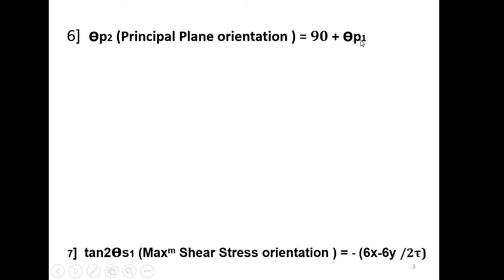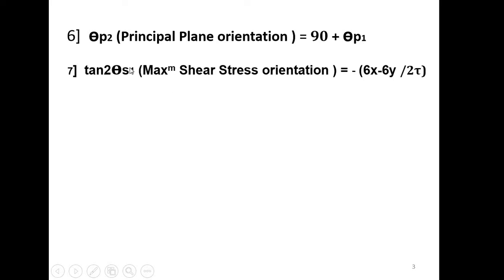There are two principal planes: one is the major principal plane and another is the minor principal plane. So this formula is for the minor principal plane, theta p2 equal to 90 plus theta p1. Then we also need to find out the orientation of the maximum shear stress with respect to the reference plane.